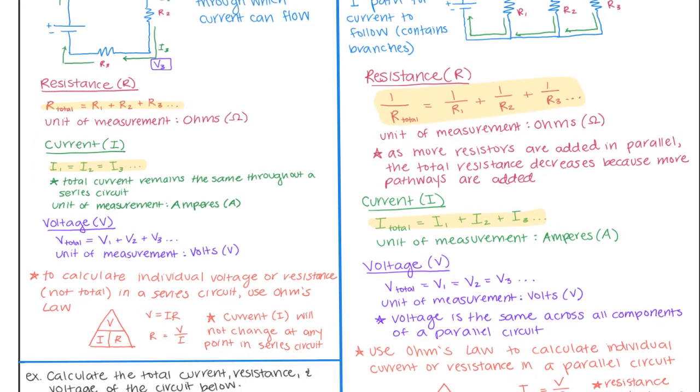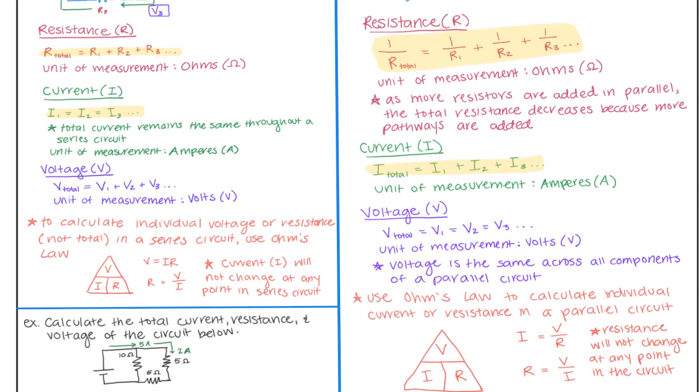Now, finally, we'll go over voltage. Remember what voltage is. I want you to think of voltage as the battery, how much the battery is putting into that circuit. It's the difference in electrical energy between 2 points on that electric circuit.